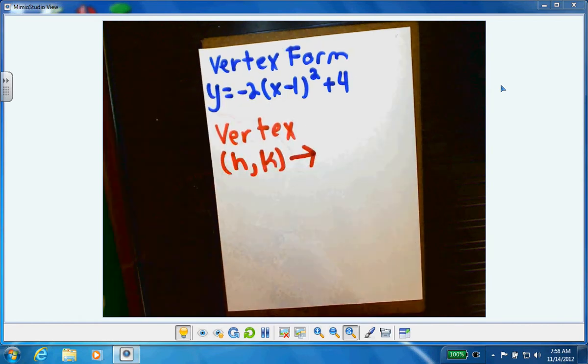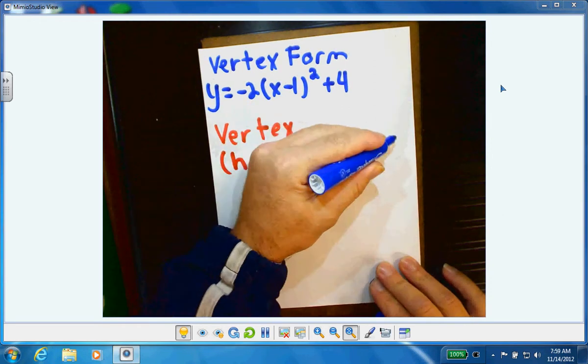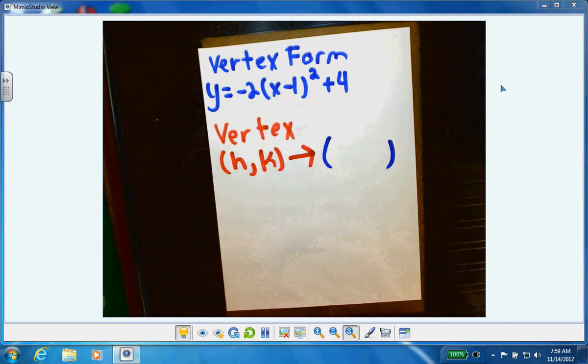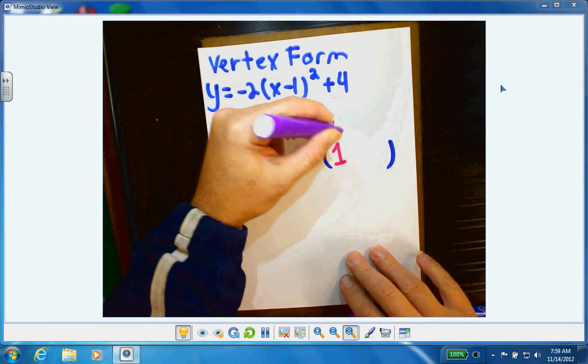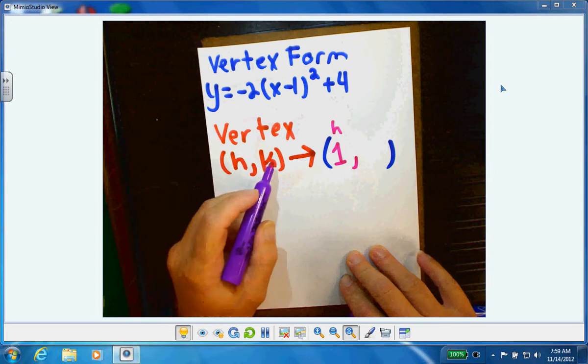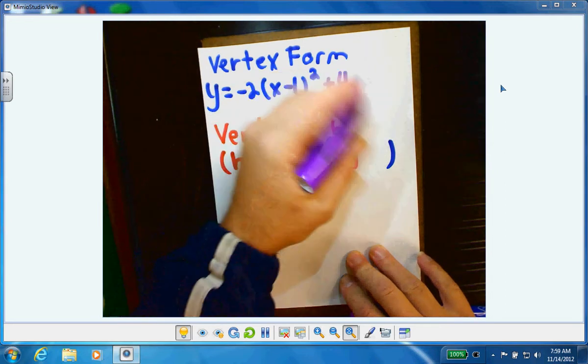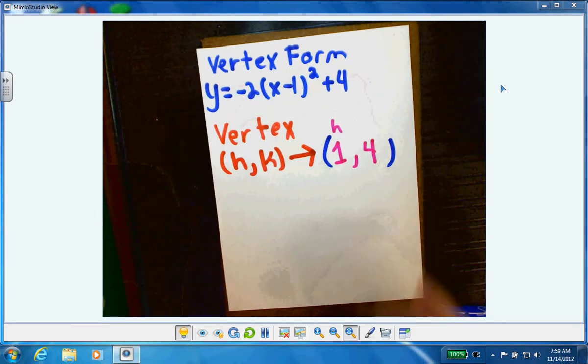So what's the opposite of minus 1? Well, the opposite of minus 1 is positive 1. So h is positive 1, and then k is just the number at the end, and that's 4. So that is what my vertex is.